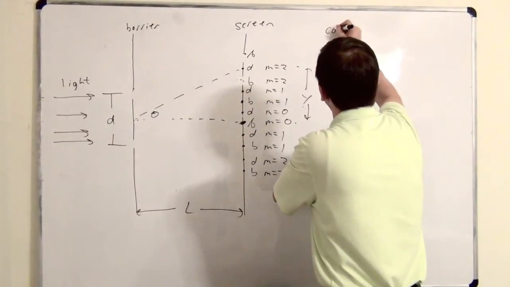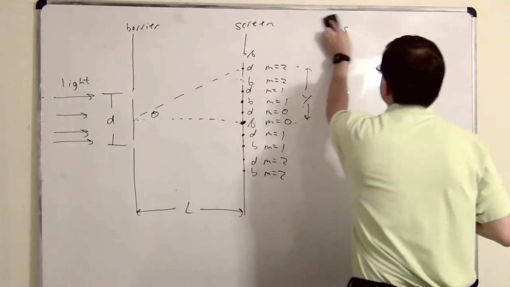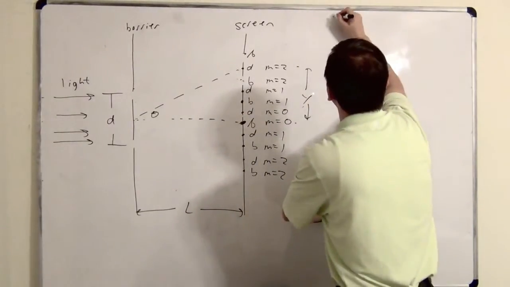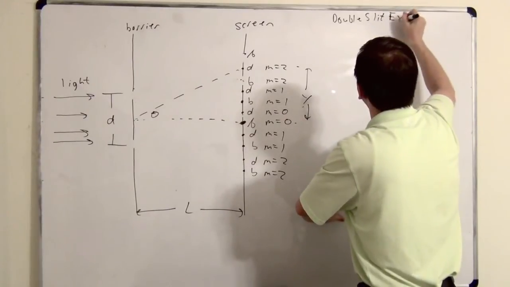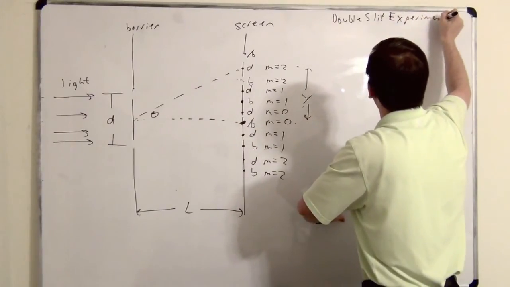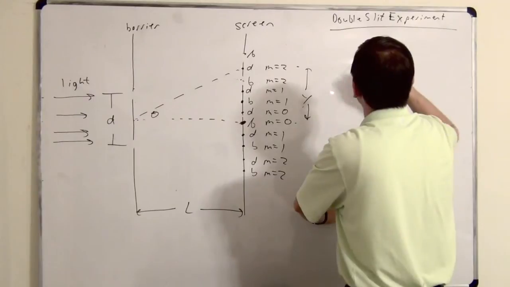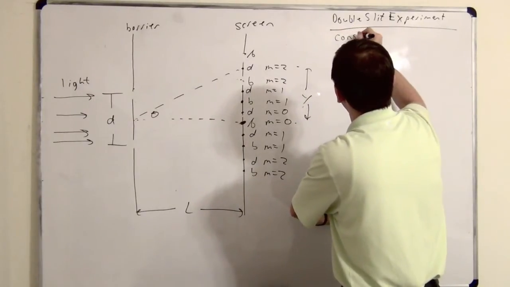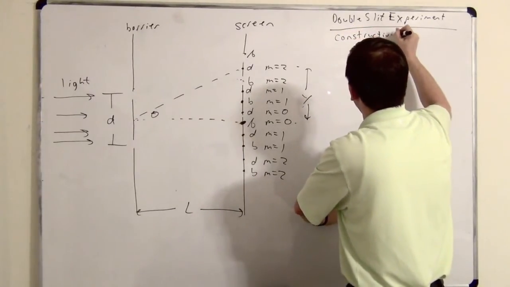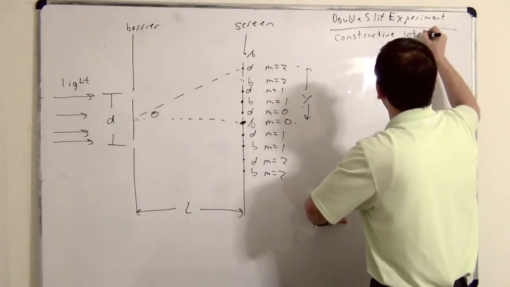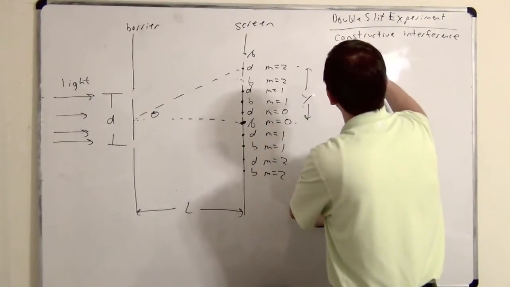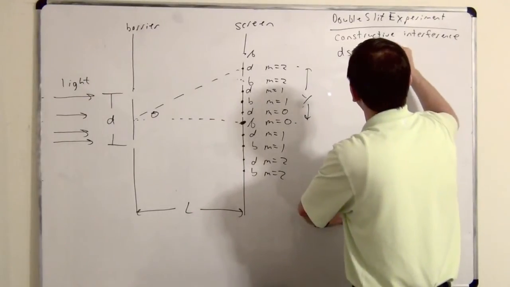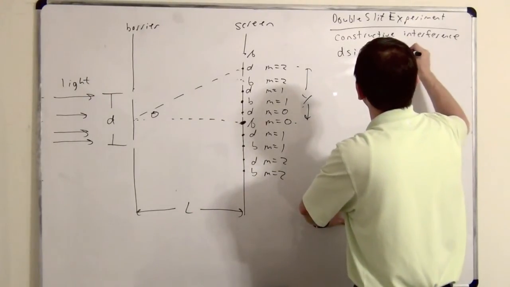So it turns out that for the double-slit experiment, the constructive interference equation is d sine theta equals m lambda.